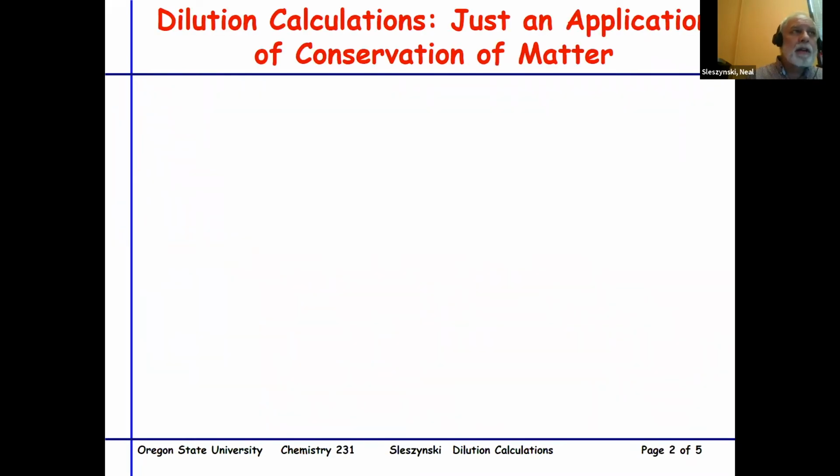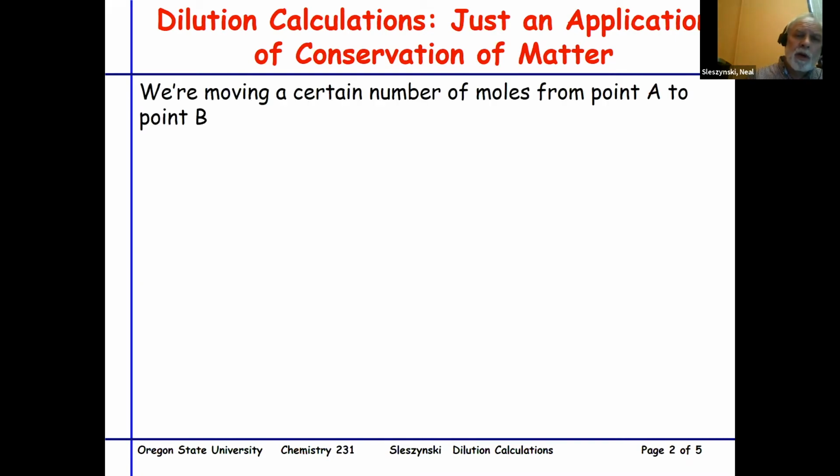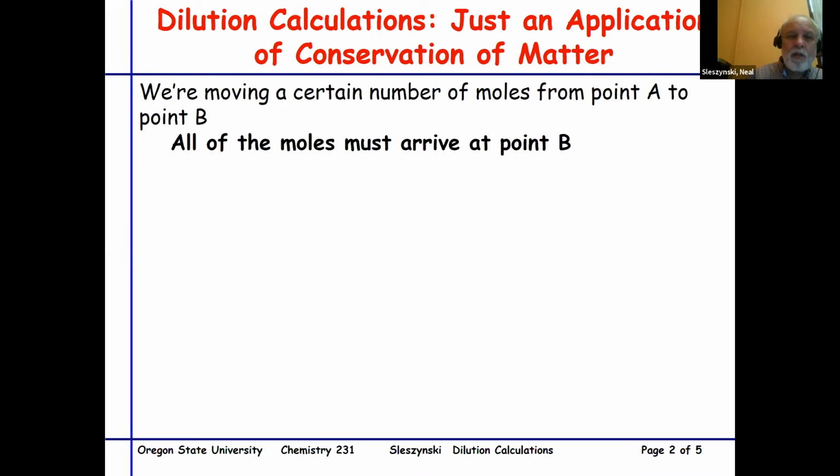Well, dilution calculations in reality is just an application of the principle of conservation of matter. What we're doing is we're moving a certain number of moles of material from point A to point B. And the law of conservation of matter simply states that all the moles that we take up from point A must arrive at point B. So typically we can do a concentration in moles per liter, and we move X volume of that concentration in liters.